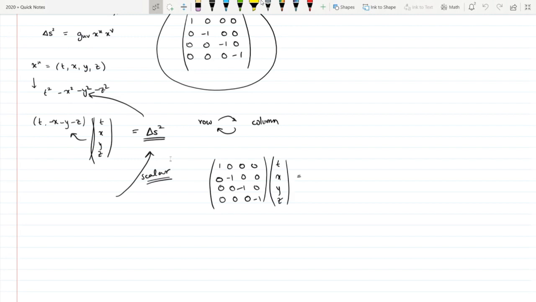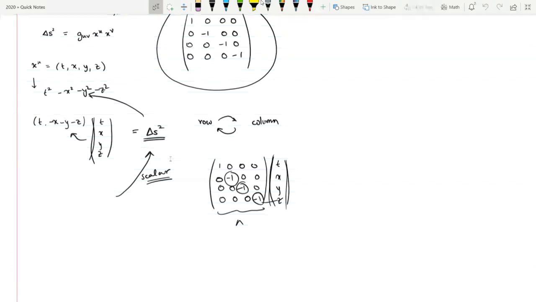We're going to end up with, let's say this. Does everyone see, basically when I act on this vector with my transformation matrix, it is the thing which gives me the minus signs in my column matrix. Does anyone see this? Yes.